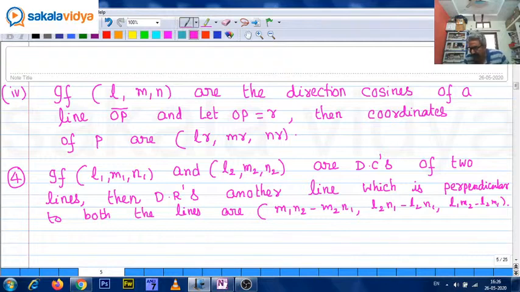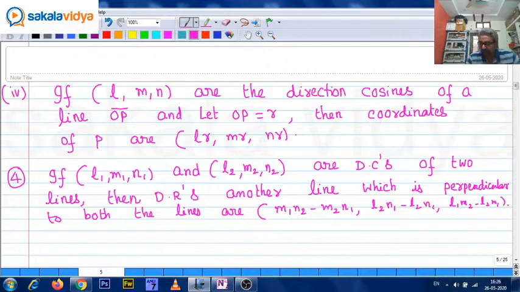So we need to find the DRs of the line which is perpendicular to both the lines, given by these components. Okay, so you need to remember all these things. Simply you can solve the problems.